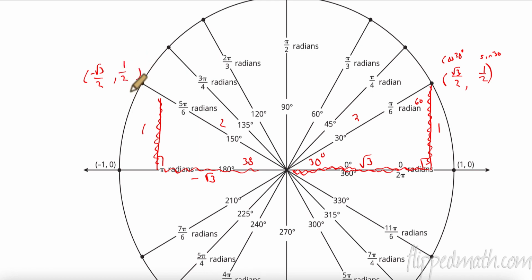Still going up, all right? So the cosine of 150, or the cosine of 5 pi over 6 radians, is negative radical 3 over 2. The sine of 150, or the sine of 5 pi over 6 radians, is 1/2.